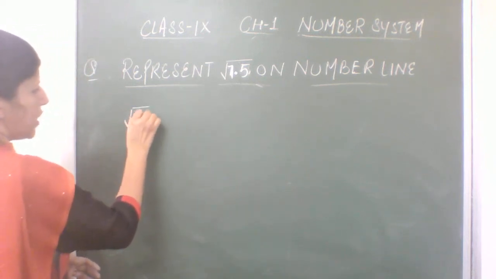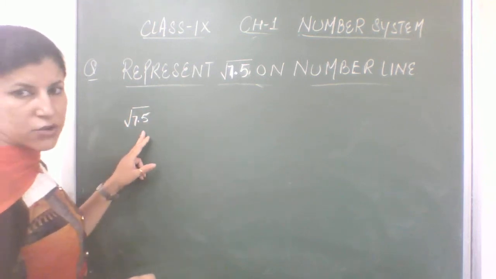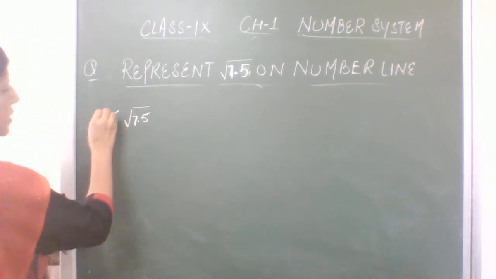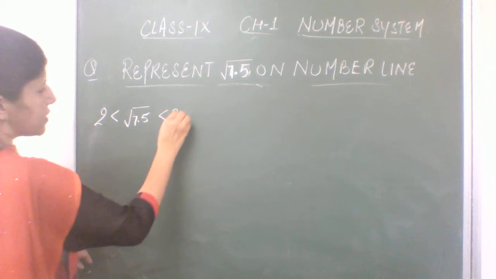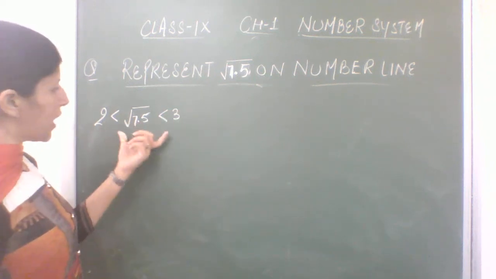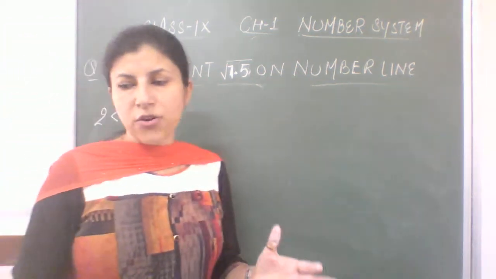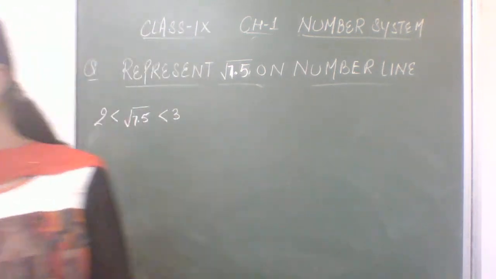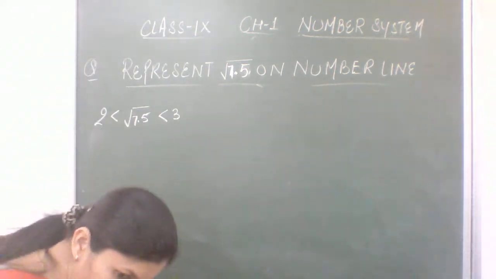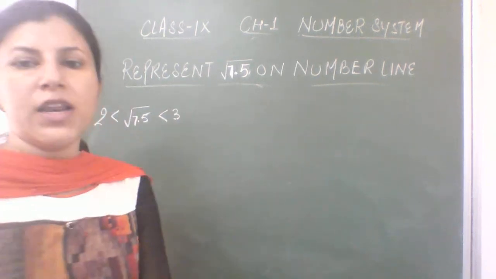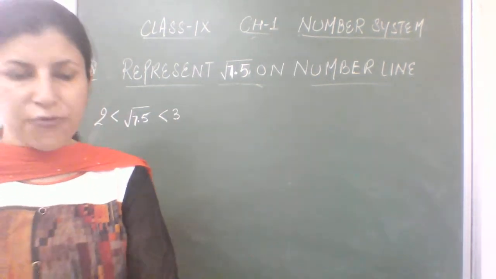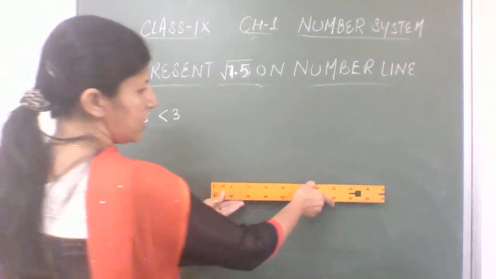Root 7.5, as it is smaller than root 9, it means it is greater than 2 and it is less than 3. It will lie between 2 and 3 somewhere on your number line. Let's draw. Firstly, we have to draw a line of length 7.5 centimeter. Take your scale.